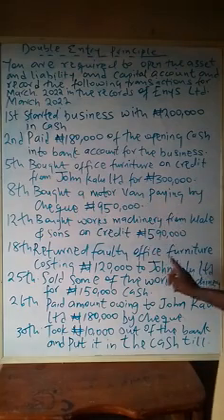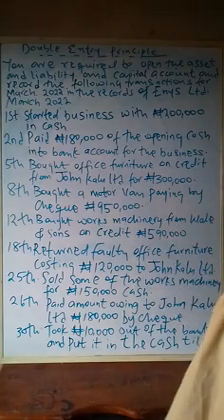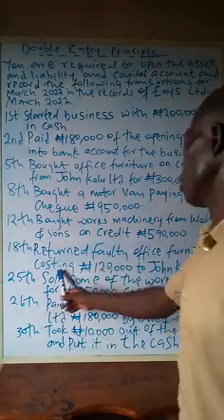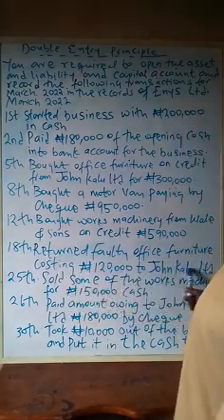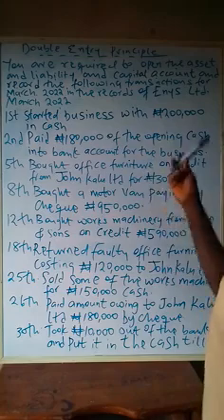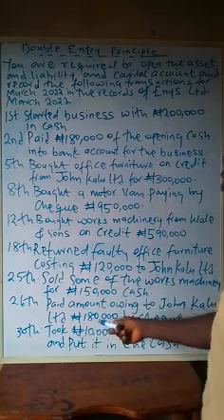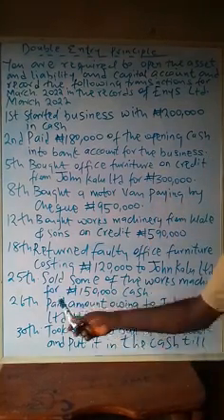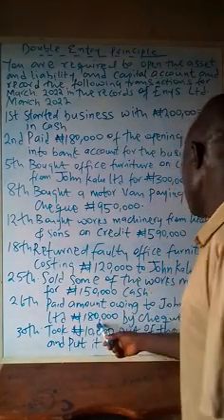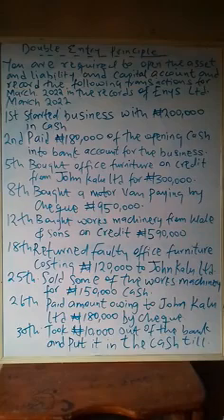Then out of it, some were returned, 120,000. So the balance is now what? 180,000 naira. Paid amount owing to John Kalu Limited, 180,000 naira by check.